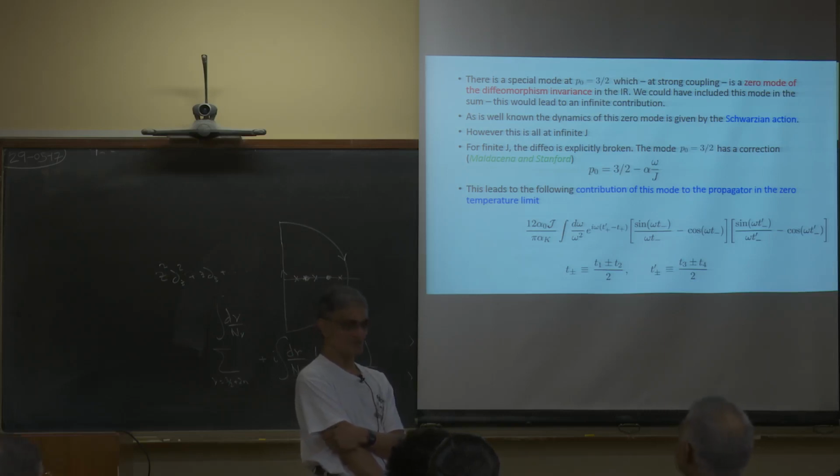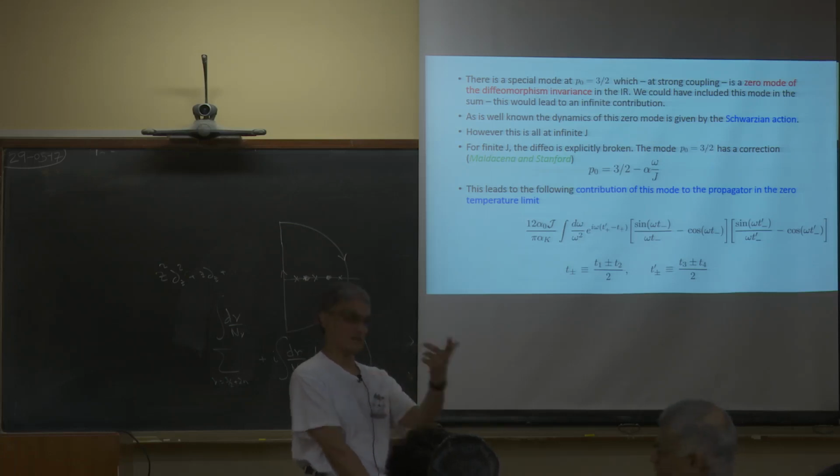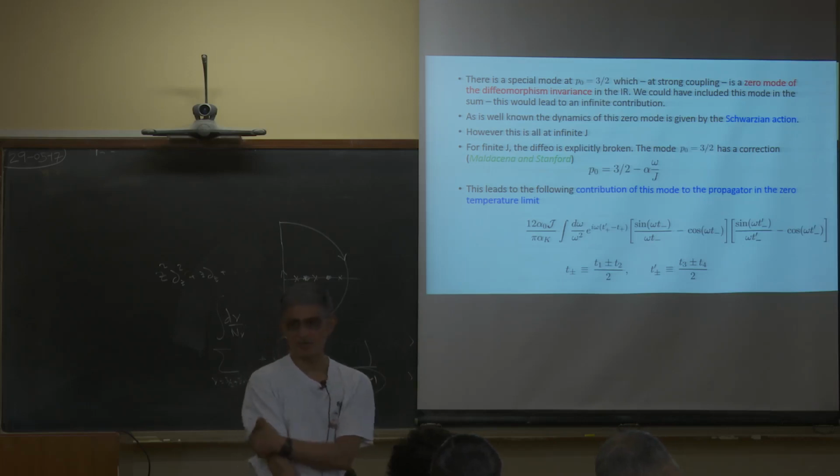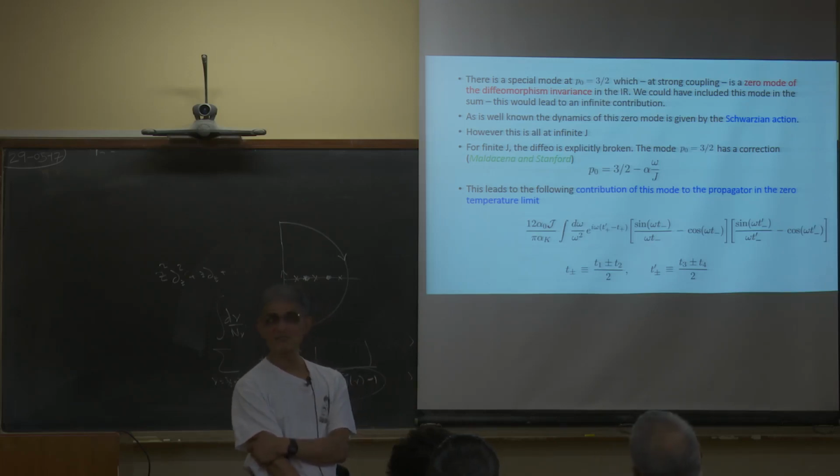The fixed point is at j equal to infinity, or omega by j equal to 0. Yes, you are actually stopping before you reach the IR fixed point, or you have reached j equal to infinity and you are turning on an irrelevant operator.